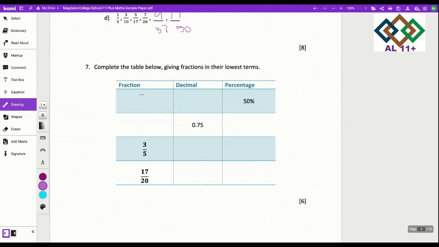50% as a fraction is half. In decimal, it's 0.5. 0.75 is 3/4.